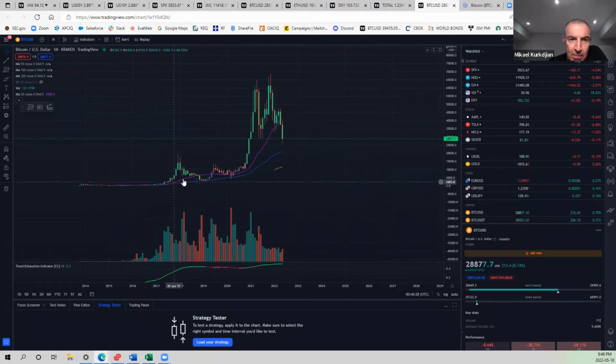So during this bull run, investors and retail had actually accumulated Bitcoin. The next one is when investors sold over here and they bought back over here.